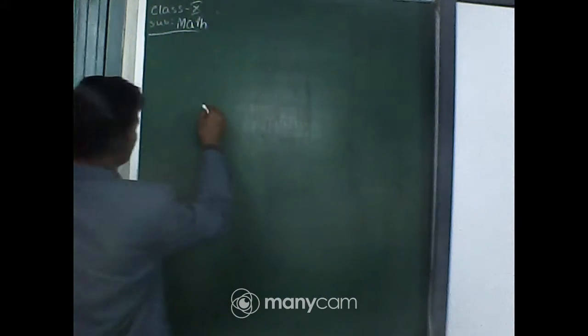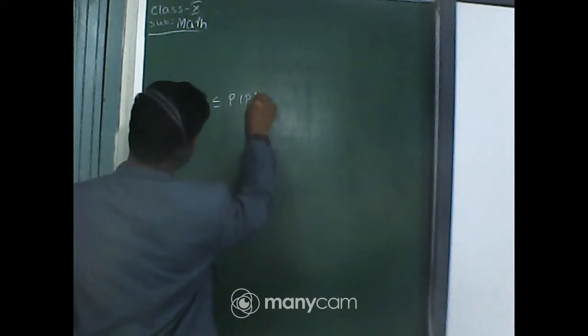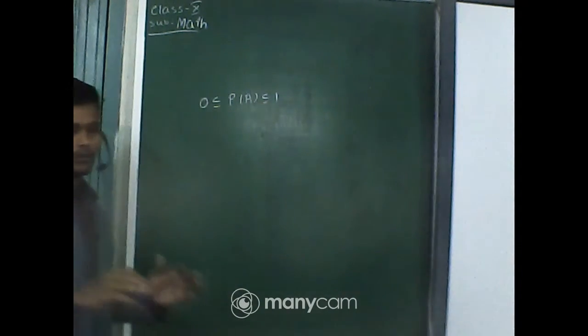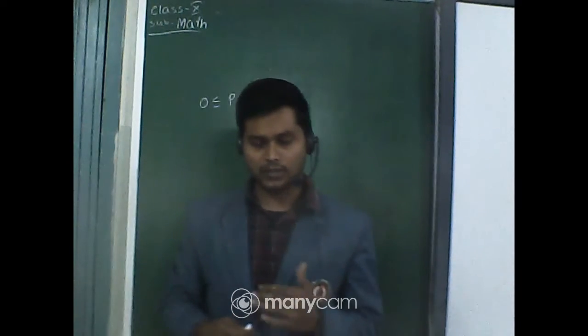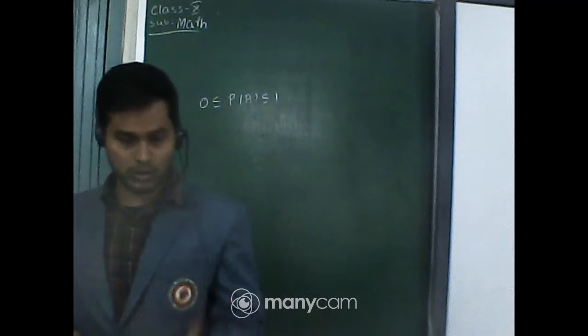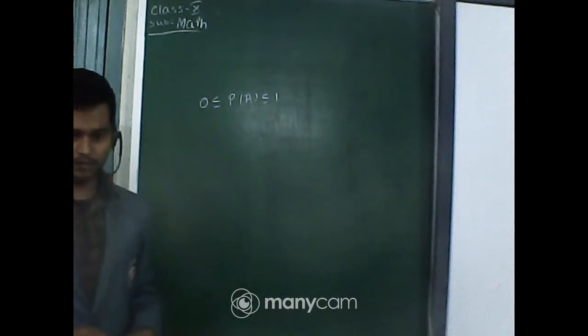That is, 0 ≤ P(E) ≤ 1. Its value must lie between 0 and 1. Clear? Now let's go to the next question.